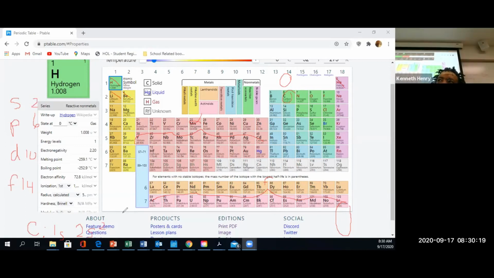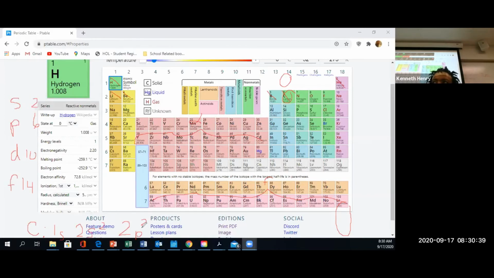So then we go 2p2. That's correct. And so it takes us where we want to be. Now you see that. So now we know where every electron is located for carbon.